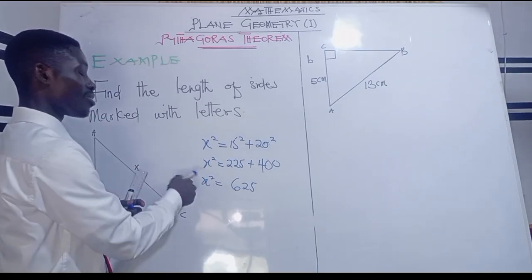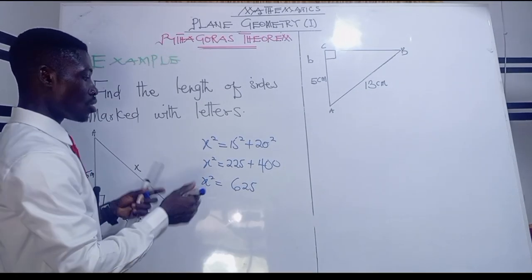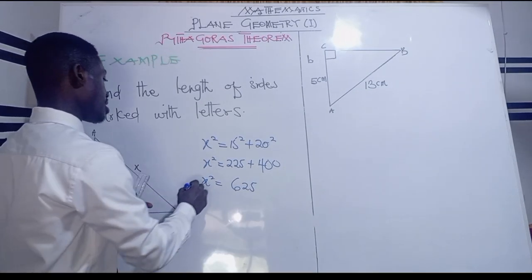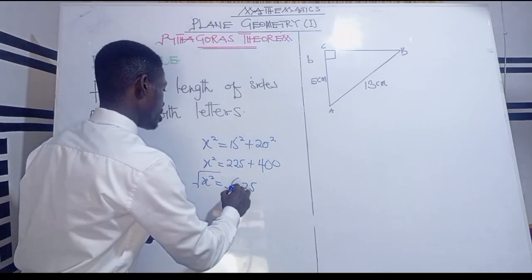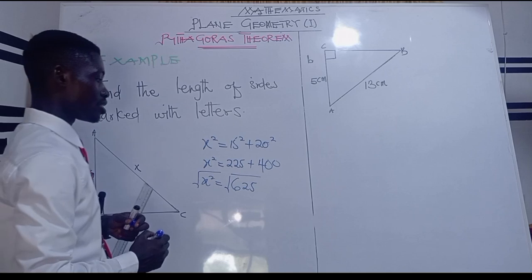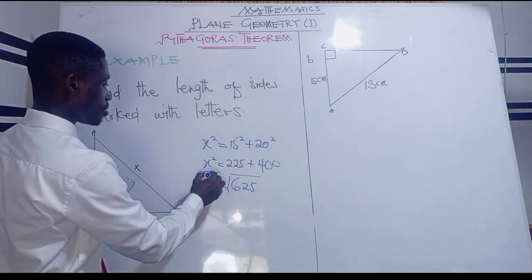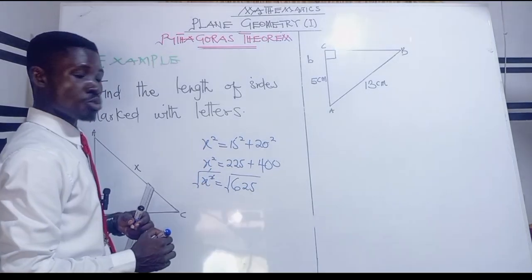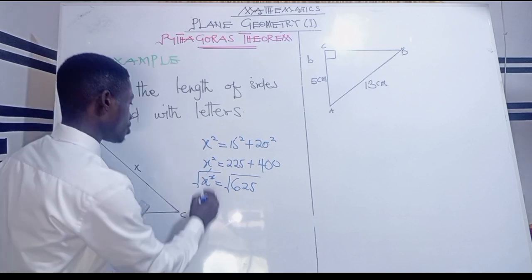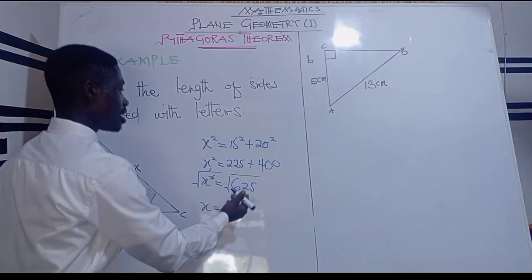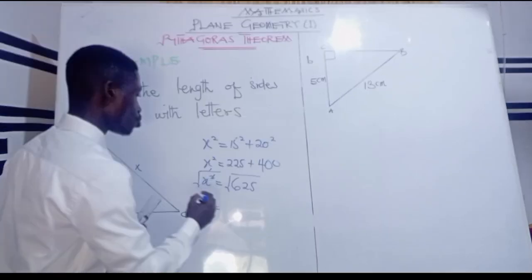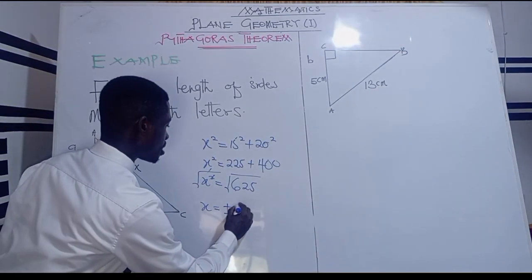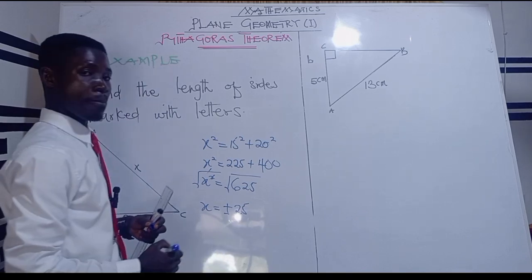Now we have s squared and then 625. We are looking for the value of x, not s squared. So what we do, we take the square root on both sides of the equation. Now this square will cancel this root sign or the radical sign. So we are left with x. Now the root of 625 is what? Plus or minus 25.